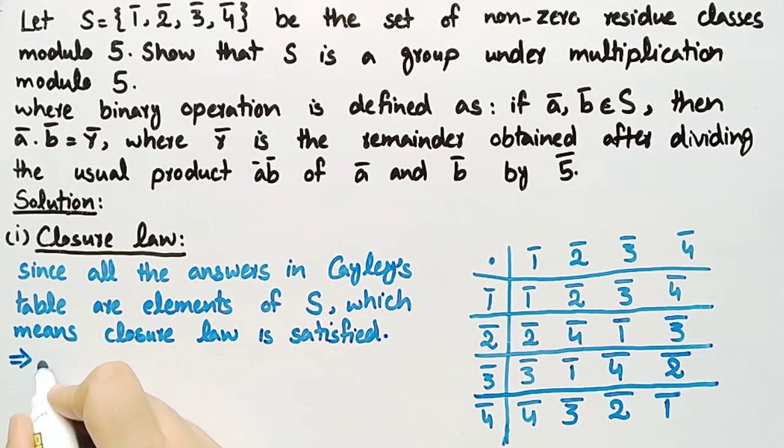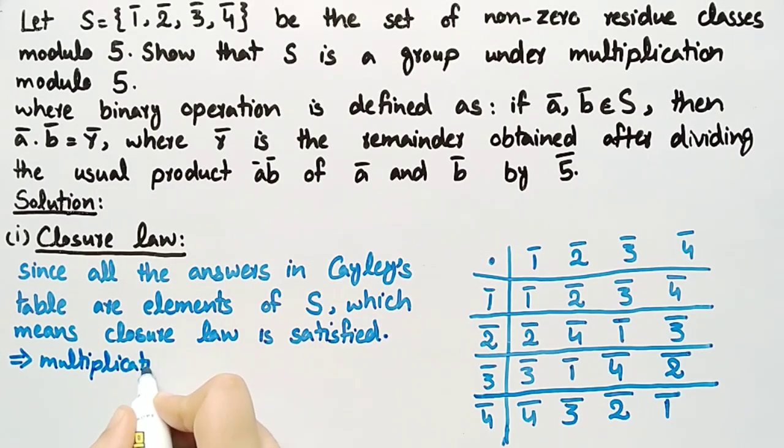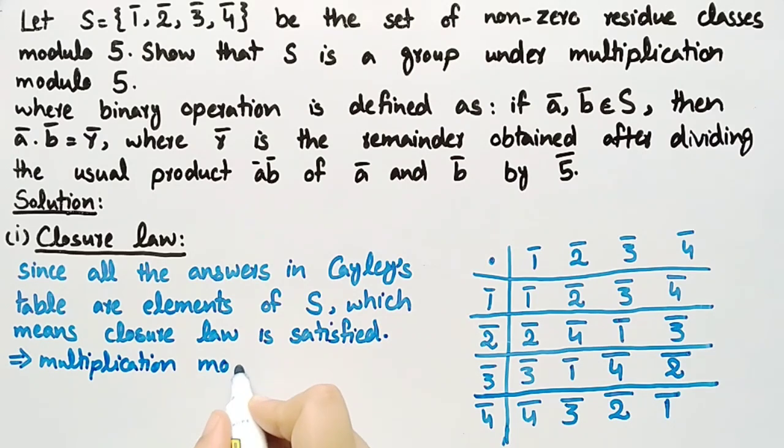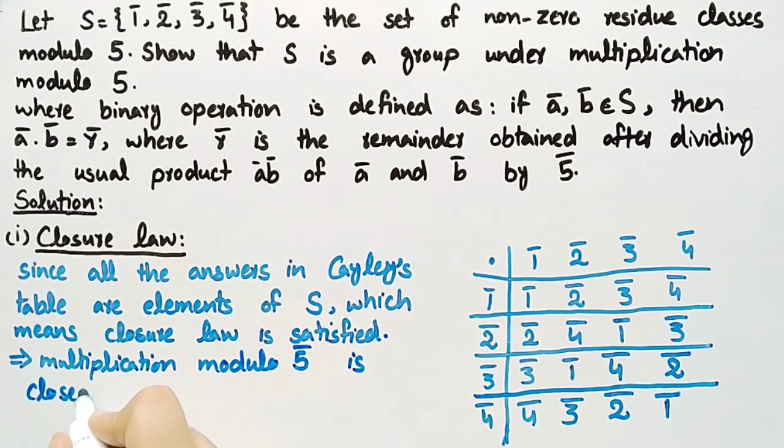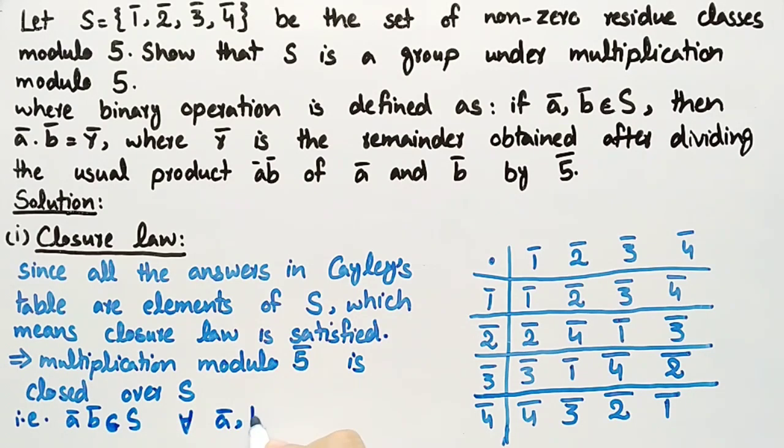Or we can write that multiplication modulo 5 is closed over S, that is, the product ab belongs to S for all a, b belonging to S.